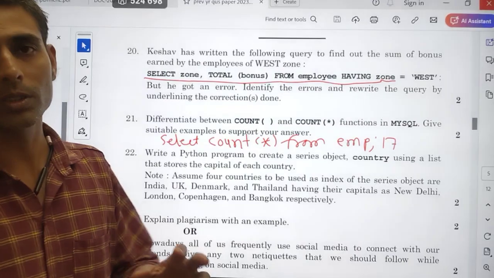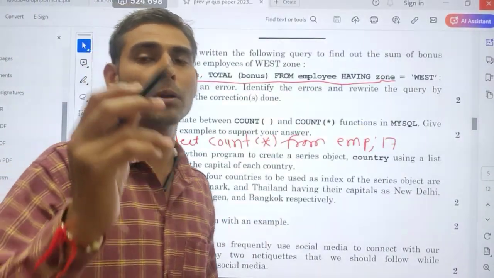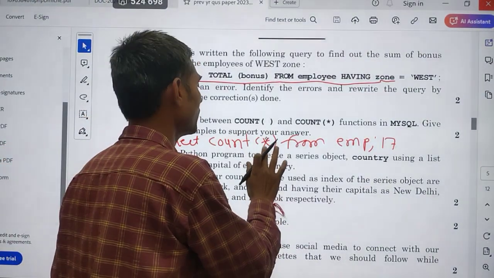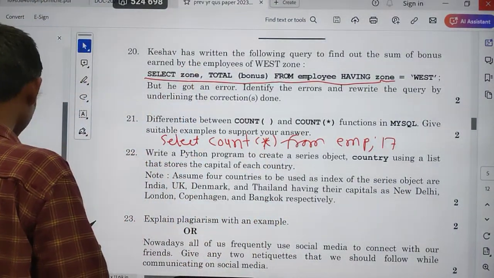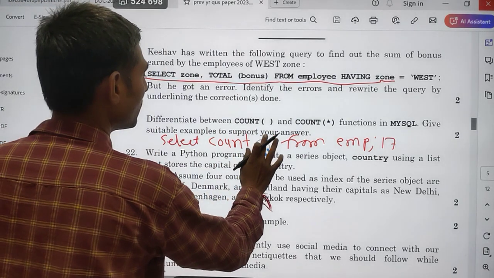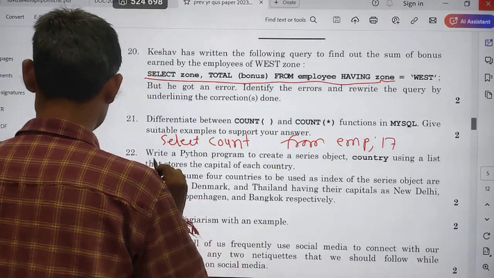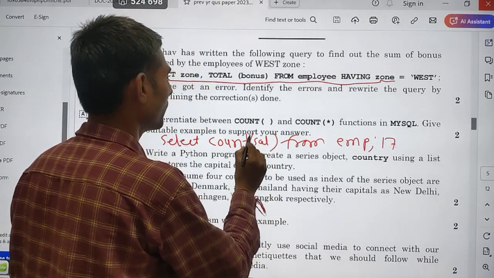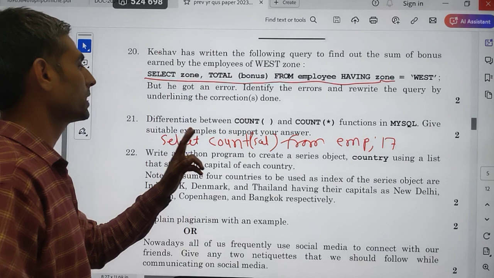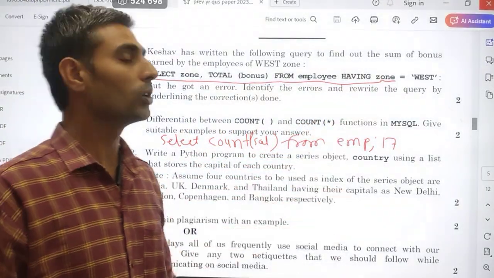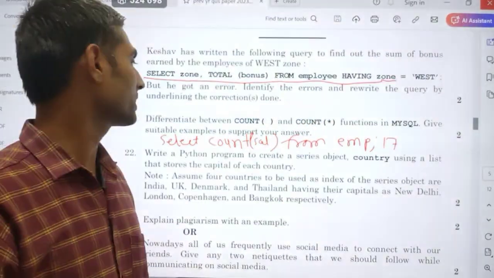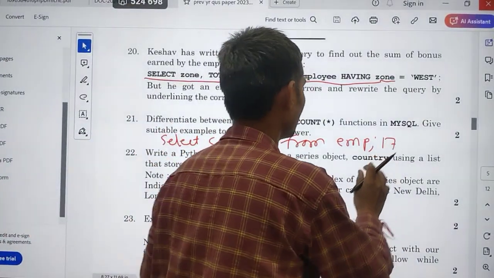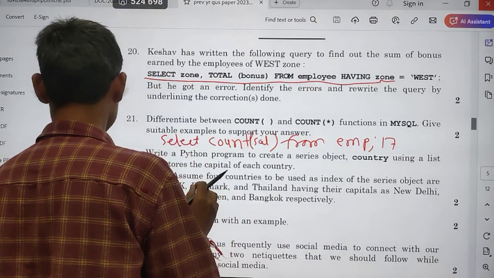Suppose some employees' salary is null. Instead of asterisk, suppose I write select count salary from EMP, and 2 employees' salary has been filled with null. It will give me 15 instead of 17.